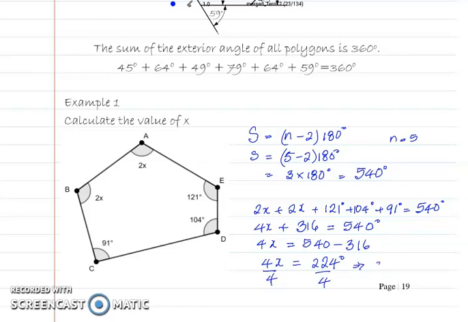And so we're going to get x, because 4 cancels 4, would be equal to, sorry, x would be equal to 56 degrees. So x would be equal to 56 degrees. In example 1, we're asked to calculate the value of x, and we found that x is equal to 56 degrees. Let's have a look at example 2.